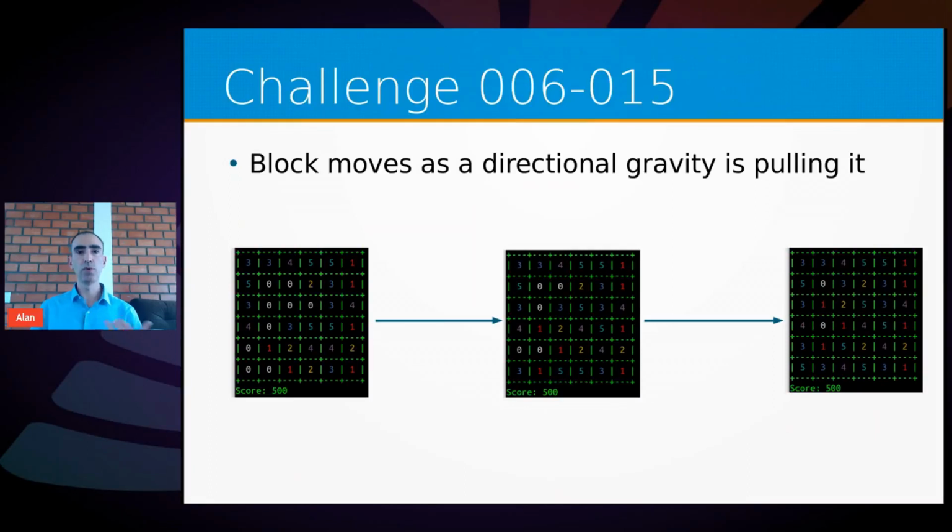Also, the blocks move like some kind of directional gravity applied to them. For example, if the user presses the up arrow key, it needs to move the blocks to the top of the screen. But every time one block hits another or is near another, it cannot overwrite it.